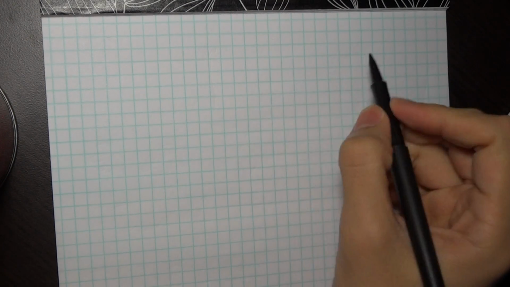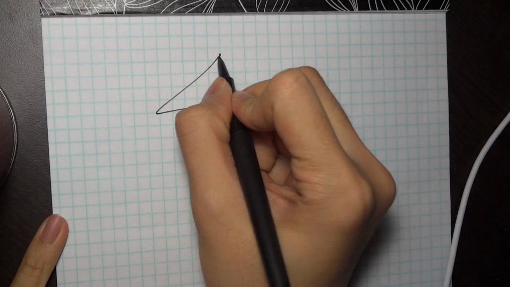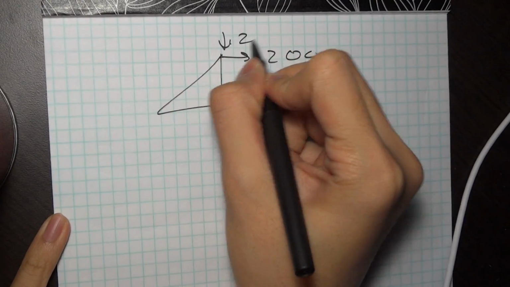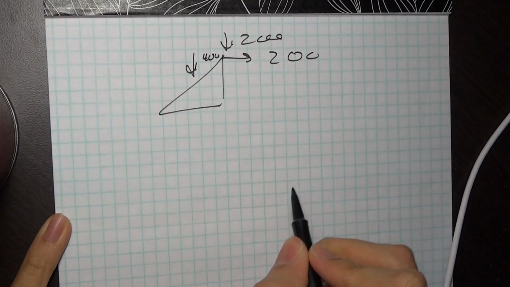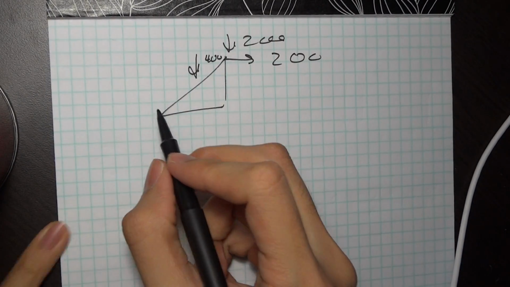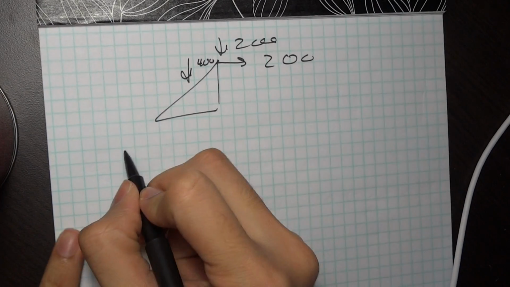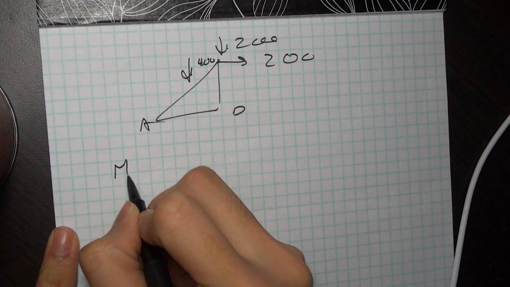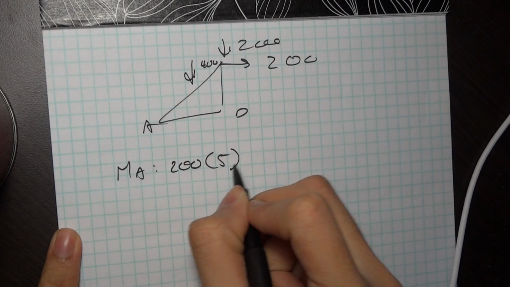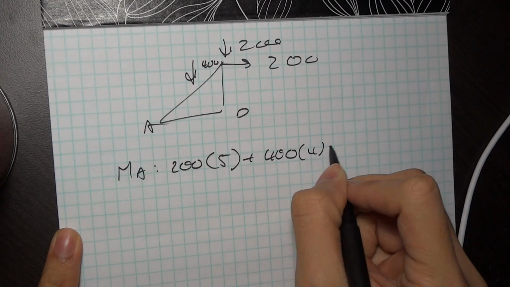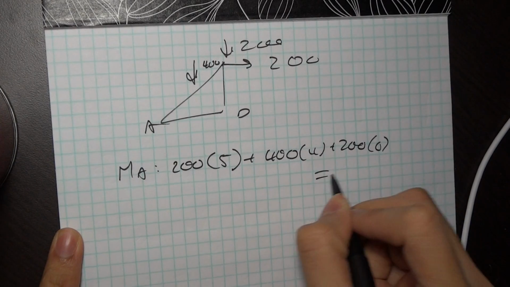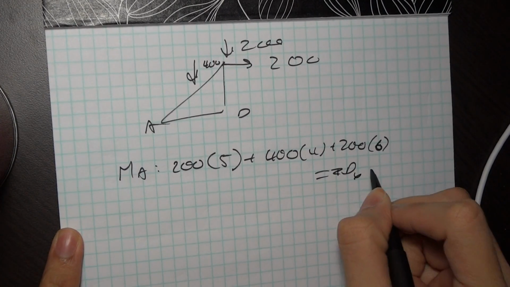So I'm going to start off with number 1, and just very quickly, I want to make sure that you guys at least get the reactions correct, because without those, you're going to be quite lost. If we have some system that's like this, 200, 400, and you can get these dimensions all on your sheet of paper, but if we take the moment, if we're trying to find Dy, then we're going to get 200 times 5 plus 400 times 4 plus 200 times 6 equals Dy times 8.